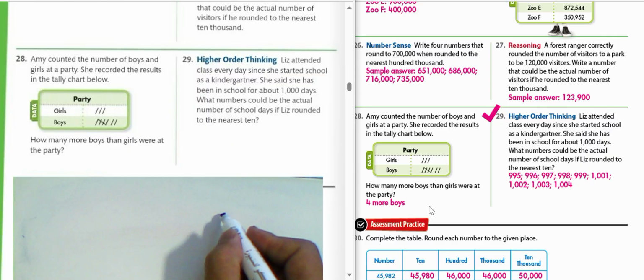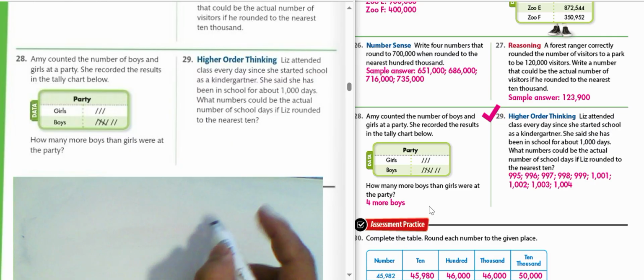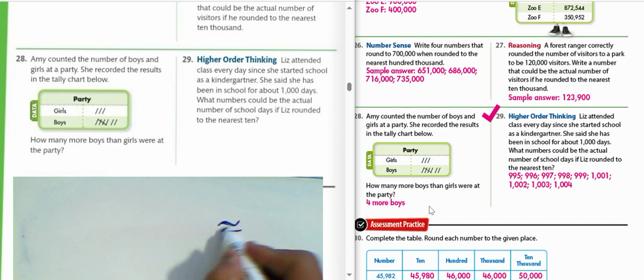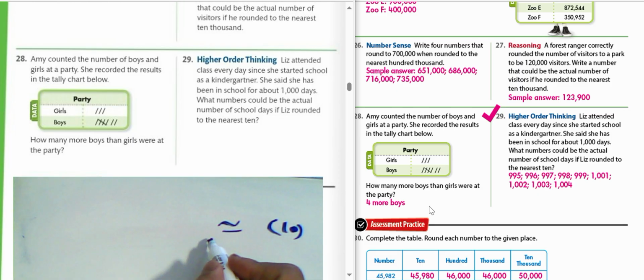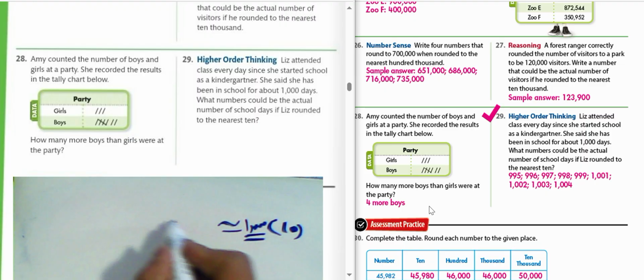We want numbers approximating to the nearest what? To the nearest 10. The answer will be 1,000. What is the number? Like what? We can write 999.